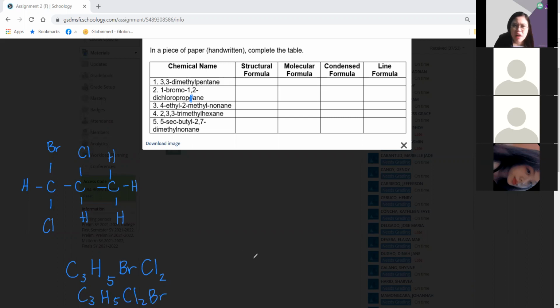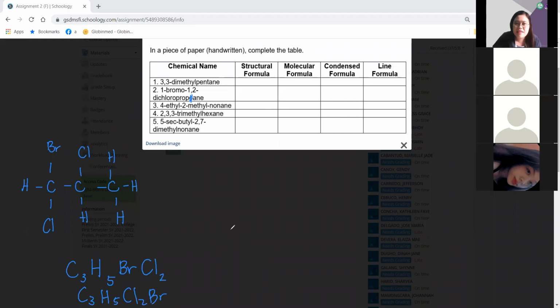Kung nauna si Br, okay lang din. Pero next time you start with carbon, para makita talaga natin that that is an alkane. Okay? So again, next time, unahin nyo talaga si carbon and si hydrogen and ipalast nyo yung mga non-carbon substituents. For the meantime, I'll consider that na nauna si bromine.